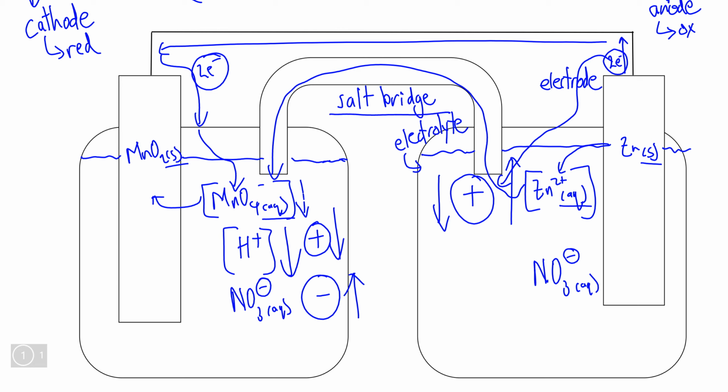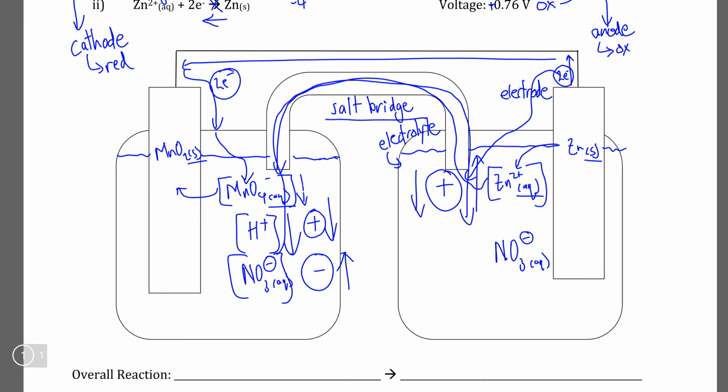Unless, again, we use the salt bridge and the extra NO3- that is building up in the cathode can use the salt bridge to migrate towards the positive charge found in the anode and therefore counteracting the buildup of negative charge in the cathode. So that concludes our summary of the structure of the electrochemical cell and the movement of ions and the movement of electrons that takes place in between each half.